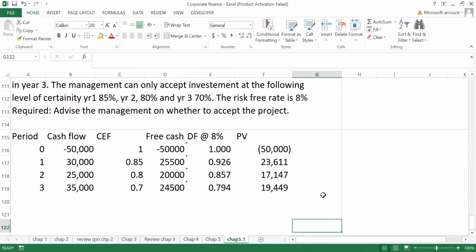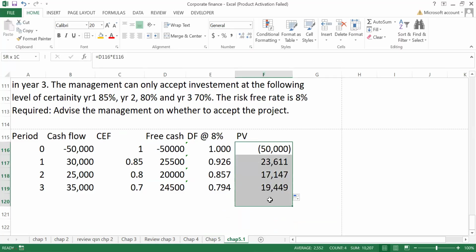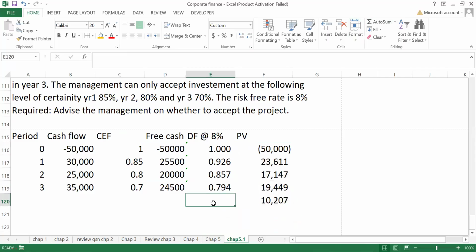So what will be the NPV? This is the NPV. So in that case, you are going to accept the project. I think this is not very complicated, unlike using probabilities.